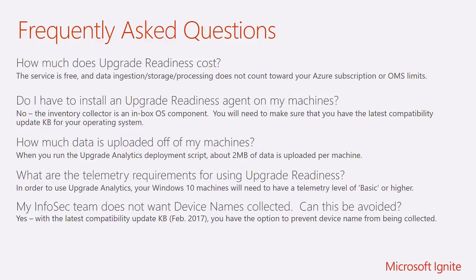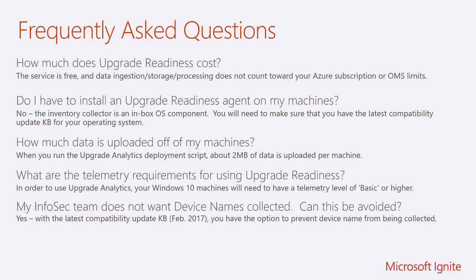Lastly, this is a new feature. Again, this was a direct result of user feedback. We heard that in a lot of cases, the security teams within different organizations did not like the idea of device names being collected. We include device names in Upgrade Readiness simply as a way for you to easily and quickly identify devices.